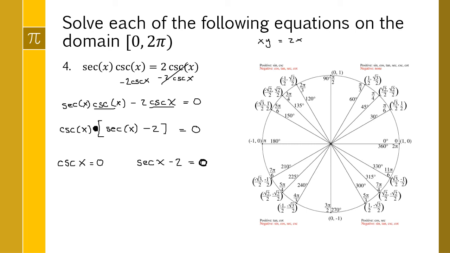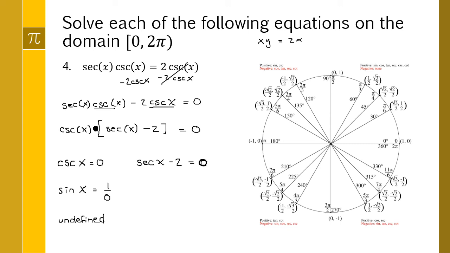So if cosecant is 0, then the sine is the reciprocal of that, which is 1 over 0. So that's undefined because we can't ever divide by 0. This branch of the equation isn't going to give me any solutions.